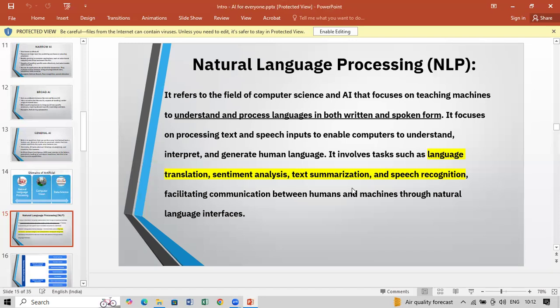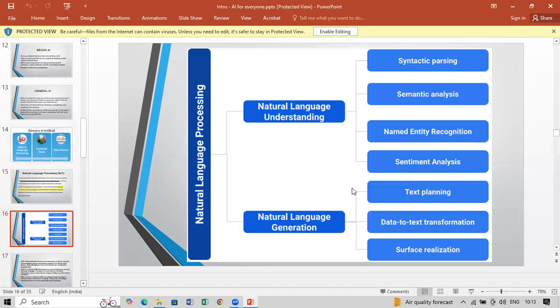So machines are reading those posts, analyzing the language being used, and they classify it as a hate post. And they notify the government, they notify the people, they ban it. Or they inform the people who are involved and they are able to take care of that. Okay, so a lot of aspects are there. We'll come to that in detail later.